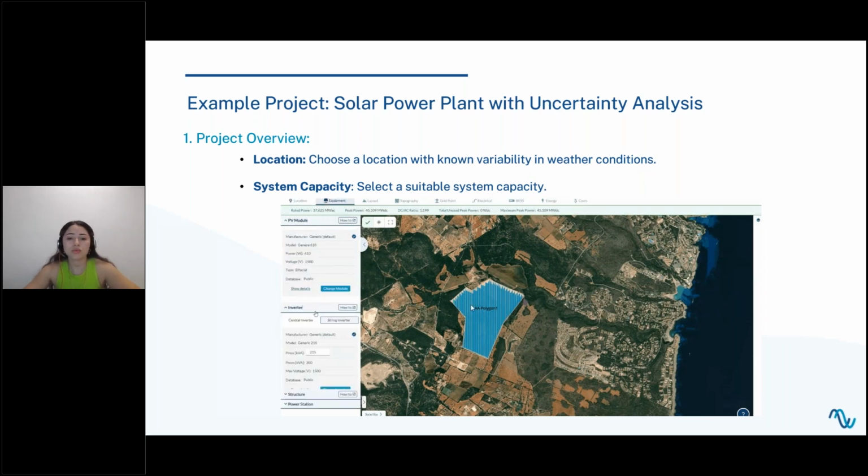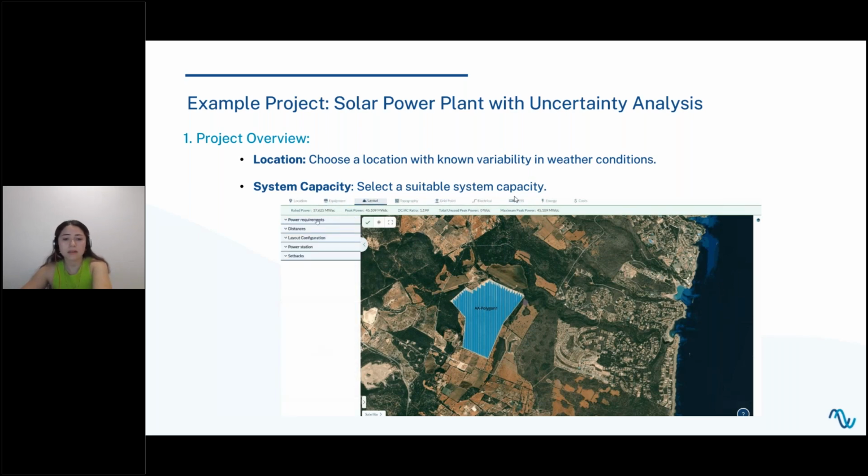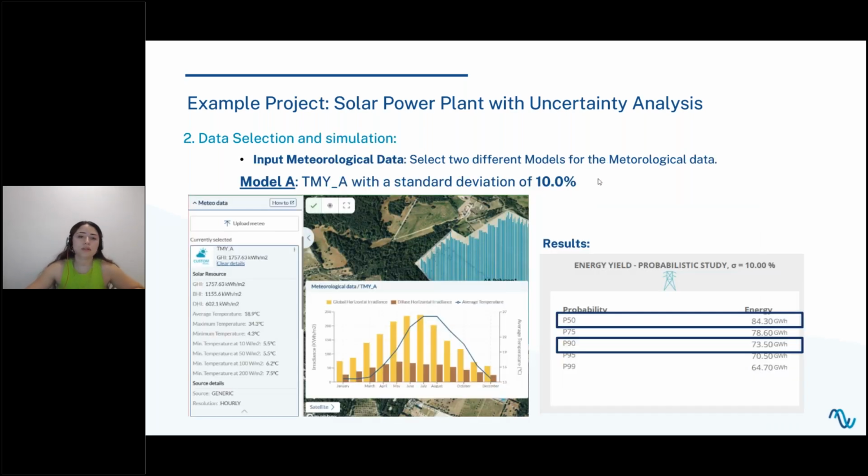We decided to choose a location in a coastal region, and this region will have a combination of factors such as the weather and the ocean that will impact the climate, which will also be a source of uncertainties. So we also selected a suitable system capacity, and we decided to have a comparison study between two different models.